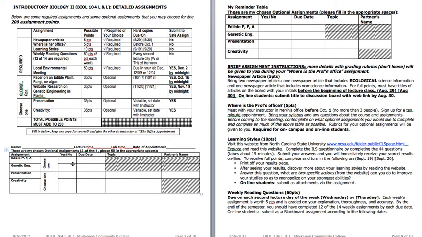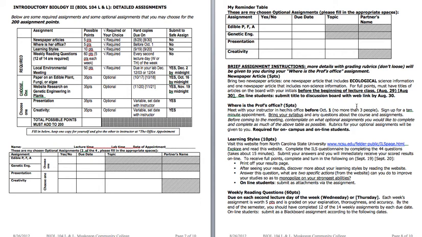So when I meet with you or your group, I'm going to know if you're going to do the edible plant, fungi, or algae assignment or the genetic engineering assignment. I'll say yes or no, or you'll write yes or no, and then we'll agree on a due date. And then we'll also decide which one of these you're going to do, the presentation or the creativity, yes or no, and the due date and your topic. So this is how you earn your assignment 200 points.